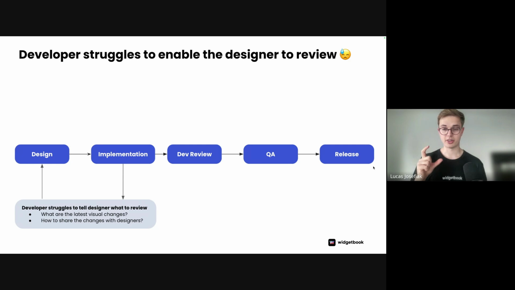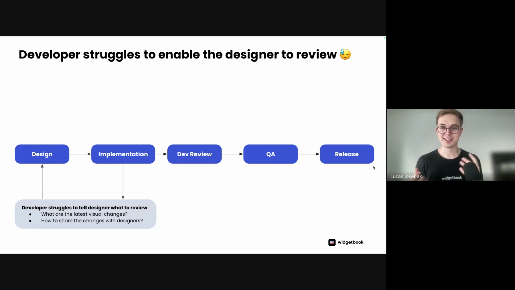And then they share these screenshots with designers, for example, via Slack, or if the designers are a bit more proficient, they might also be able to use a tool like GitHub already. So we can actually include the designers in the pull request, and then share the screenshots there. And then designers can give us feedback on the screenshots in the pull request.